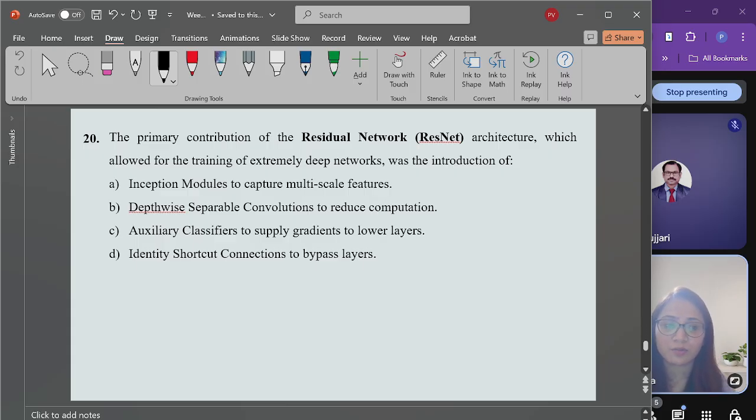Which option is correct for this question? The primary contribution of the residual network, that is ResNet architecture, which allowed for training extremely deep networks, was the introduction of... So would you try to answer this question?